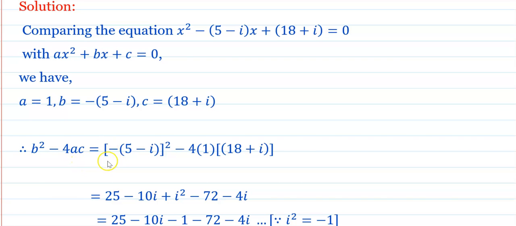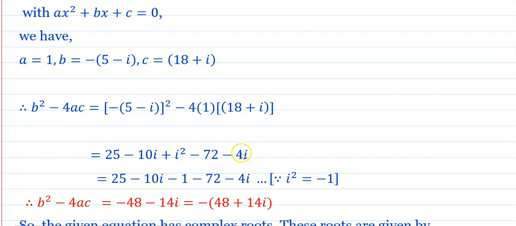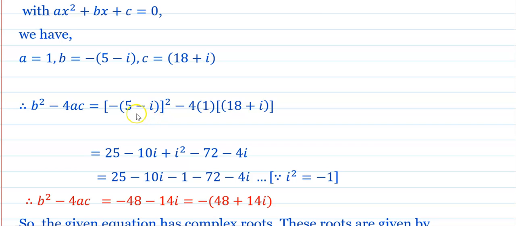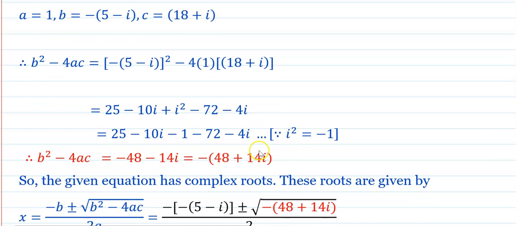Now in square bracket, minus (5 minus i) whole square minus 4 into 1 into (18 plus i). पुढे याचा स्क्वेअर करणार (5 minus i) square. हे minus plus होणार स्क्वेअर करताना 25 minus 10i plus i square minus 4 into 18 minus 72 minus 4 into i minus 4i. Okay.